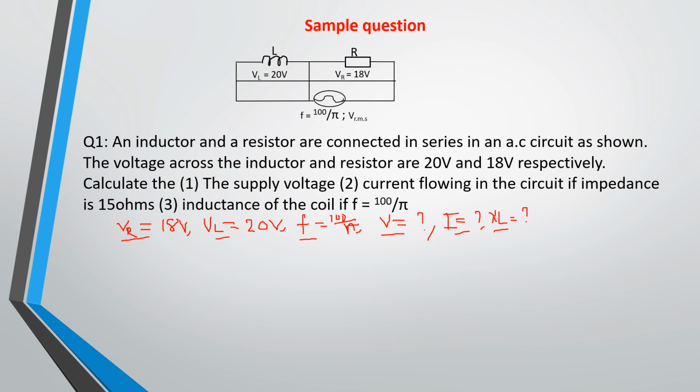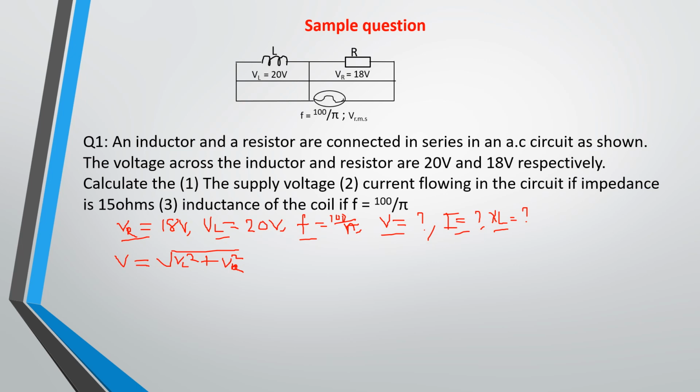Now, to find the supply voltage, remember that we said that the total voltage flowing in the system is equal to the square root of the sum of the square of the voltage of the inductor plus the square of the voltage of the resistor. Okay, so that is the equation that we got before.